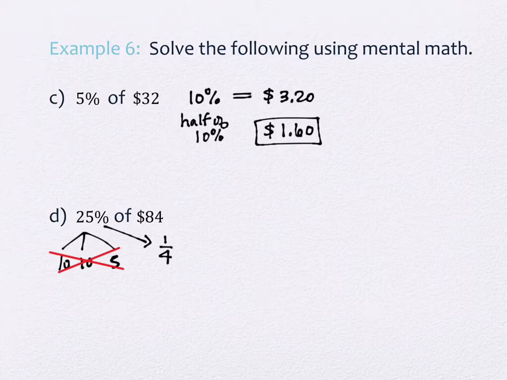Because it's the fraction 1/4, we're going to find 1/4 of 84, which is the same as taking 84 and dividing it by 4. While I'm writing this as division, you don't really need to show any long division. It's even friendlier than the 280 divided by 5 that we did. So what is 84 divided by 4? Yeah, it's 21.